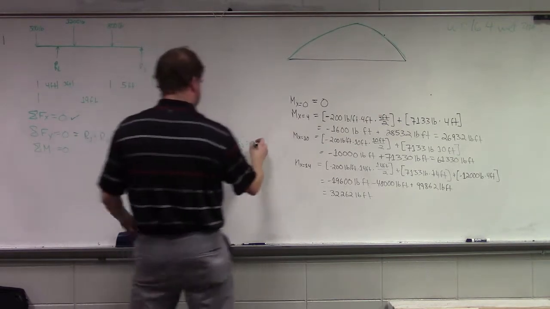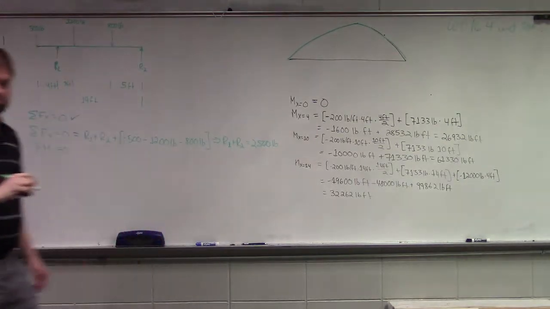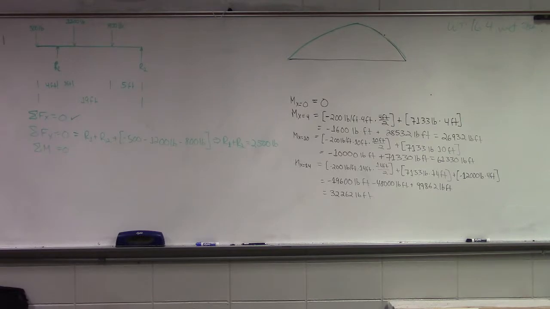So R1 and R2 have to equal 2,500. Everyone agree? Yep.